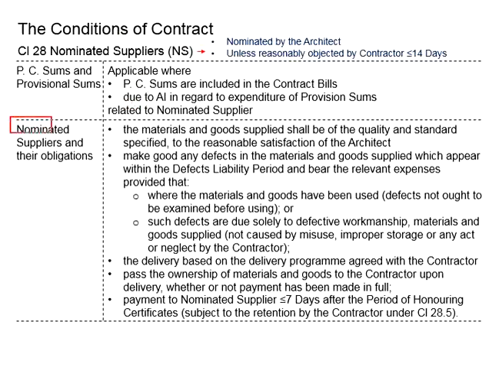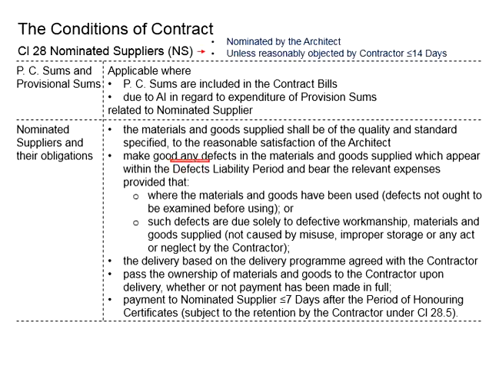Next, the nominated supplier will need to make good any defects of the materials and goods supplied which appear within the defect liability period and bear the relevant expenses. In other words, the nominated supplier is liable for the quality of the materials and goods.